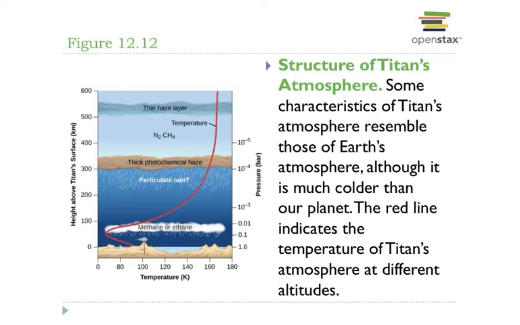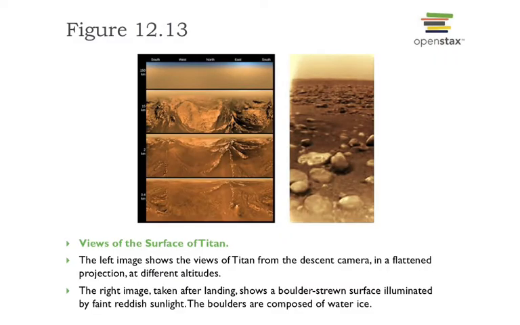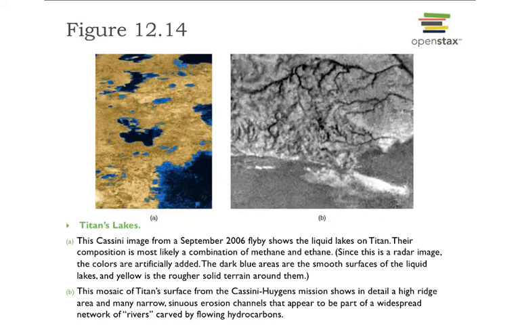Again, methane and ethane, which is hazardous to us, but it does create rainfall. And so it creates these lakes of liquid on the actual surface. So here we see some images of these boulders that are actually composed of water, ice, and methane. And here are some images of the lakes of Titan.